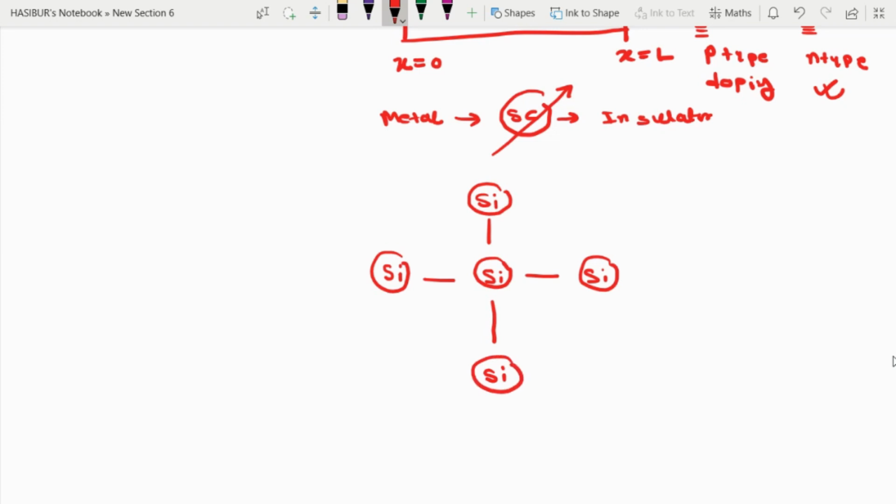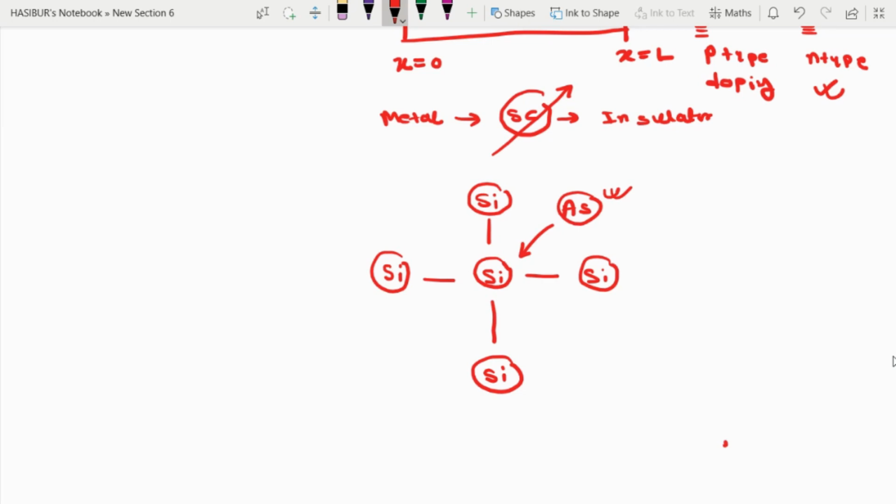Now if I incorporate an arsenic atom and substitute this silicon with this arsenic atom, then in the whole lattice there will be a few atoms that are substituted with these external impurities.